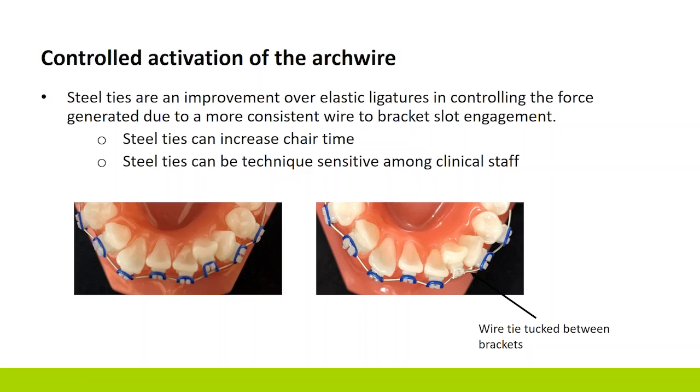Sometimes they do when they go to floss. Sometimes it can bring those out, or sometimes if you don't get it properly tucked, it could poke your lip. So it's something that you can use to activate an Archwire, but I think it's very technique sensitive. Some staff members, or sometimes myself, I'm even better at one side than the other, depending if you're left or right-handed. And then it really increases chair time.